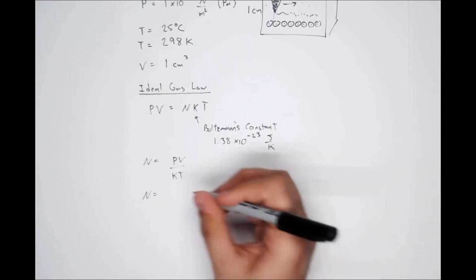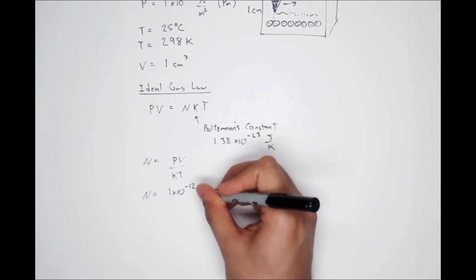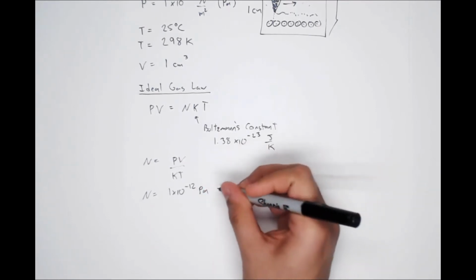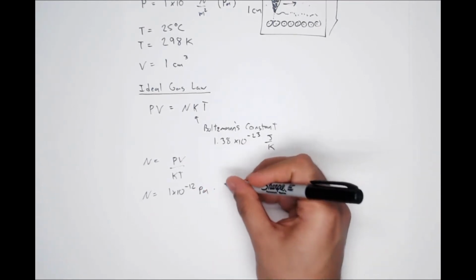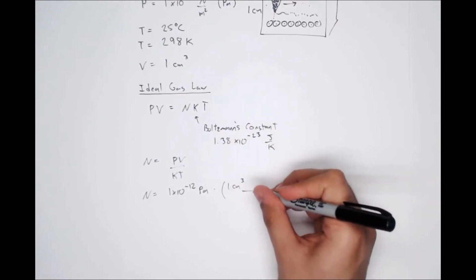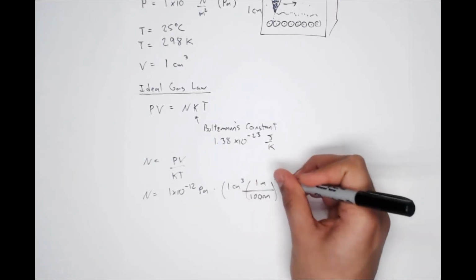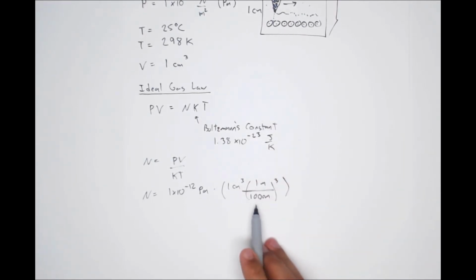So if we just plug in our numbers here, we're going to have 1 × 10^-12 pascals. Our volume is going to be 1 cubic centimeter, and we also need to do a conversion on that. So 100 centimeters is 1 meter, and we need to cube that conversion factor. So we're essentially dividing by 100 cubed, or 10^6.